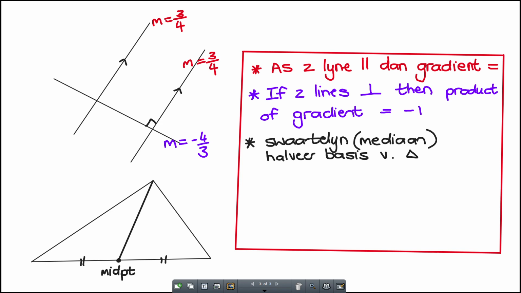Okay. Then the next one is a hoogtelyn. Is it altitude? Engels?